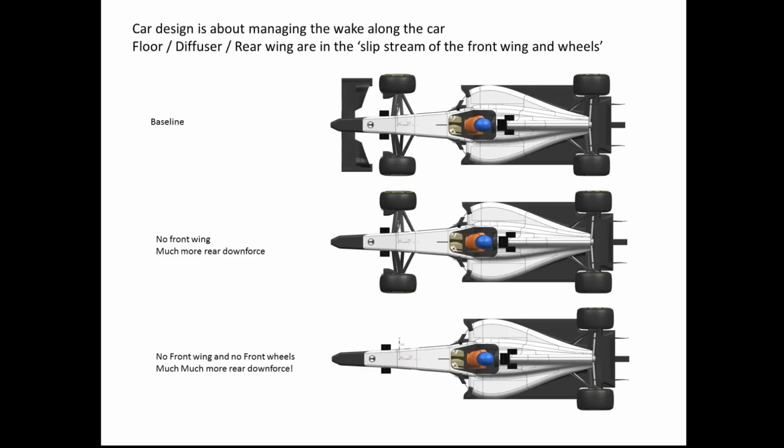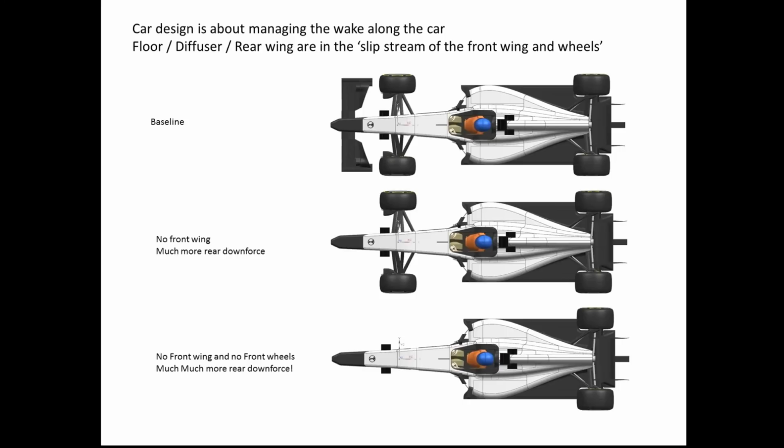And really, the back end of the car, the diffuser and the rear wing and the floor are actually in the wake of the front wheels and the front wing. So the slipstream of the front wing and front wheels will have a big effect on the performance at the rear of the car, exactly like the performance of the second car following the first car.